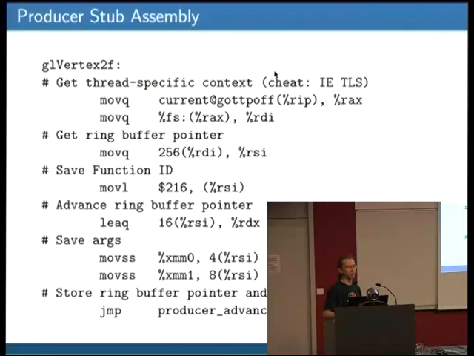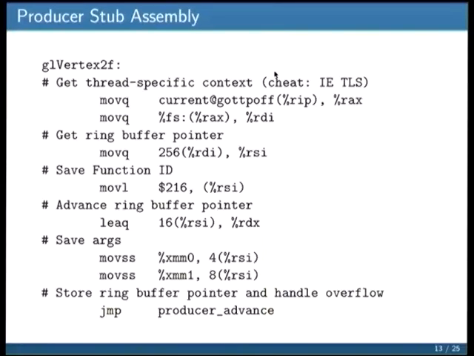The compiler translation for those functions produces this assembly. So even though the example is just a toy function, I want to show that the marshalling layer is extremely thin. So there are two instructions to get the context pointer, then one more indirection to get the ring buffer pointer. Then we just store an integer, which is the number of the GL vertex 2F in some internal array.